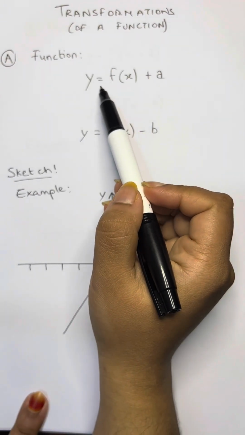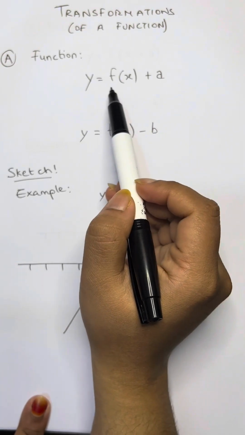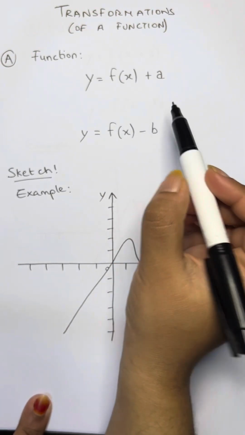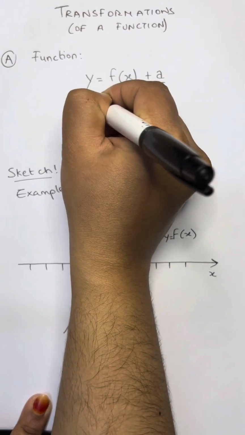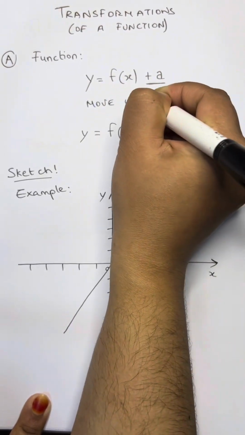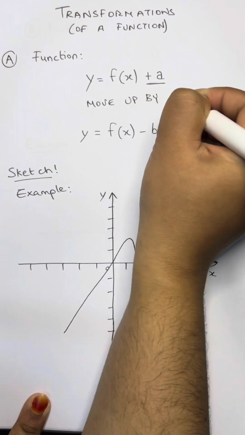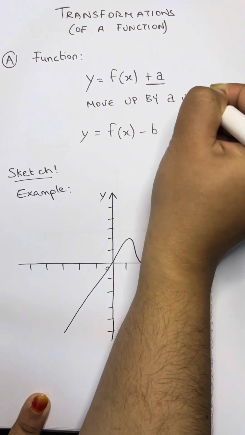So you have been given a function which is y equals f of x plus a. What this plus a means is that you need to move up by a units.